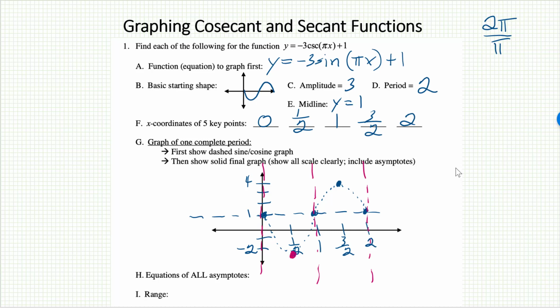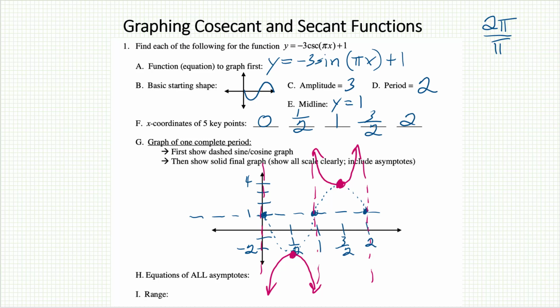Then add on the U shapes. I've got a downward U there, I've got an upward U here. The U shapes connect to the corresponding sine or cosine shape at the highest and lowest spots there. And that's it. I've drawn my graph for one period. As you can see, it's very similar to what we've already done.